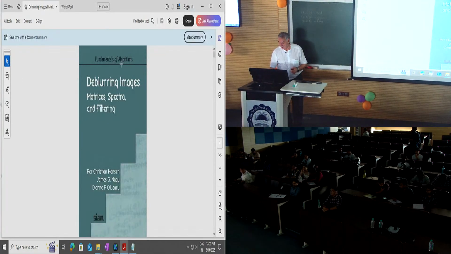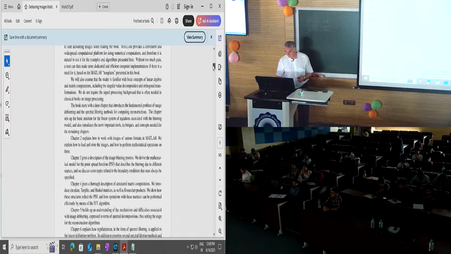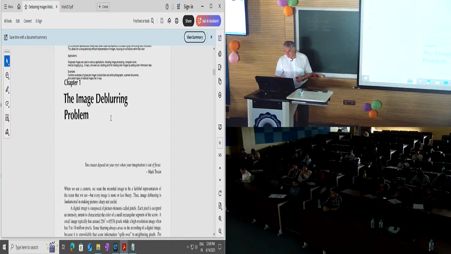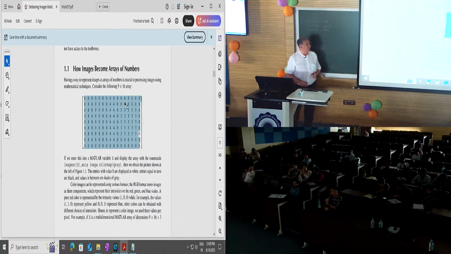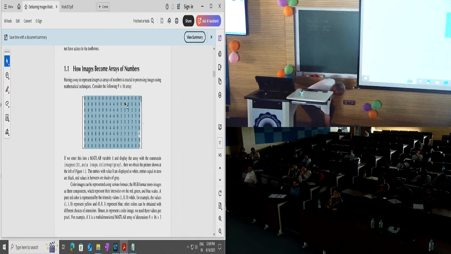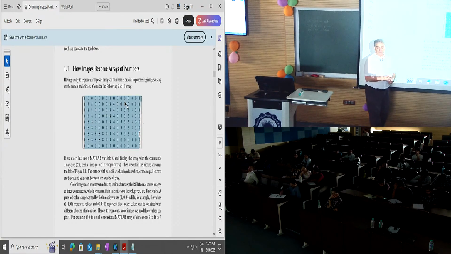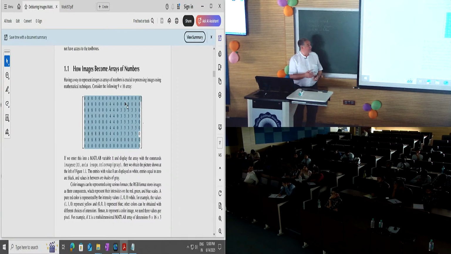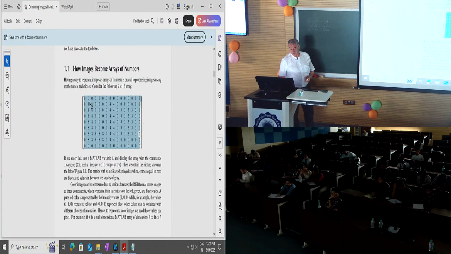Then I presented one example which shows the equivalence between a grayscale image and its matrix representation. Here is one matrix which can be considered as a grayscale image.